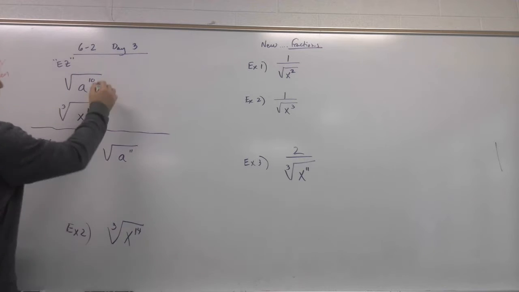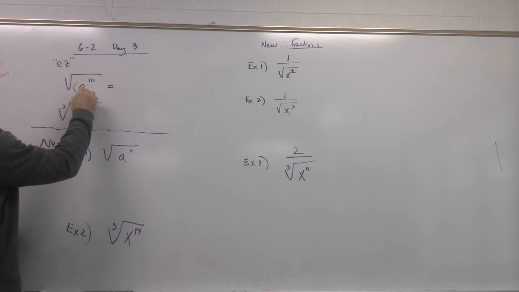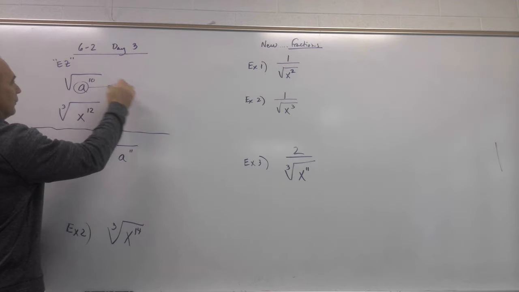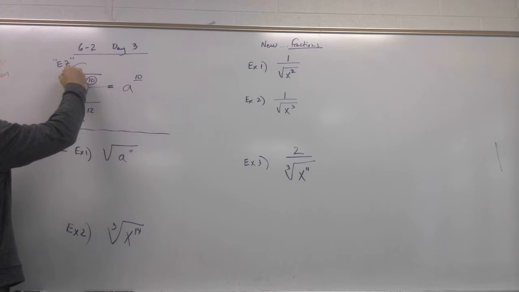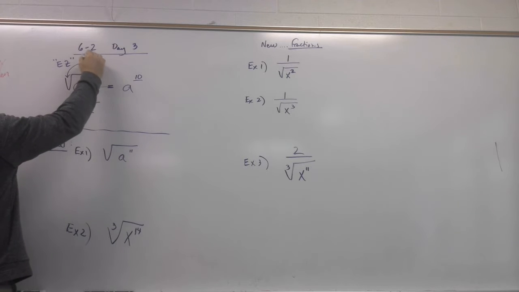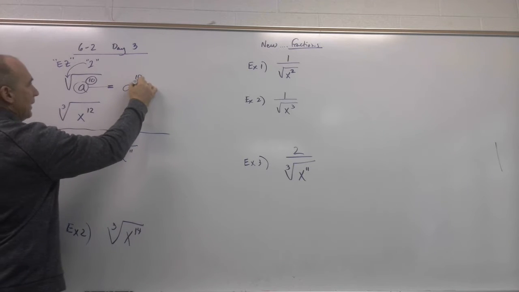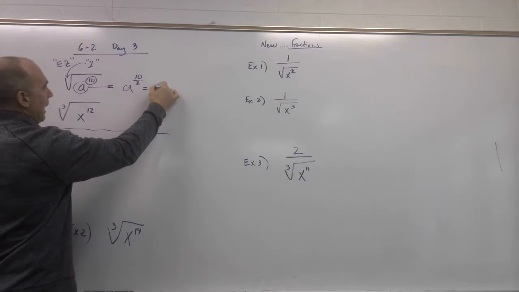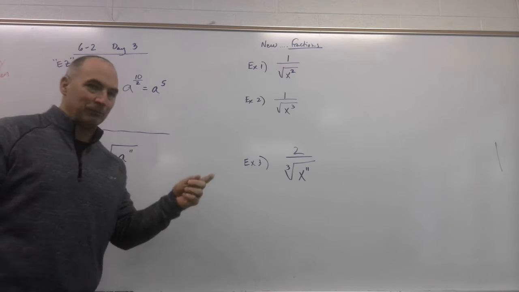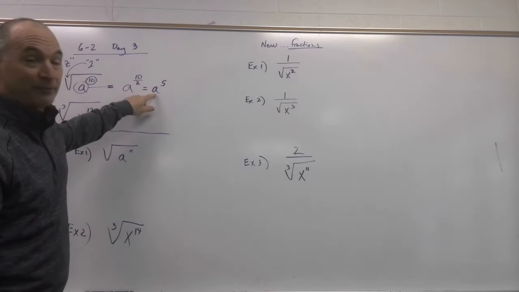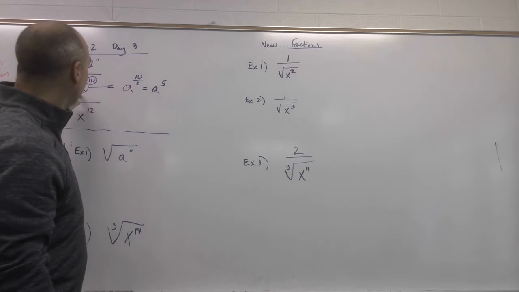In other words, you say, I'm going to take that radicand, slide it over. This power goes in the numerator. This index, which is an invisible 2 because it's the square root, goes in the denominator. And you go, aha, it's just a to the 5th. Which, by the way, you can test, because what's a to the 5th times a to the 5th? Well, that'd be a to the 10th.